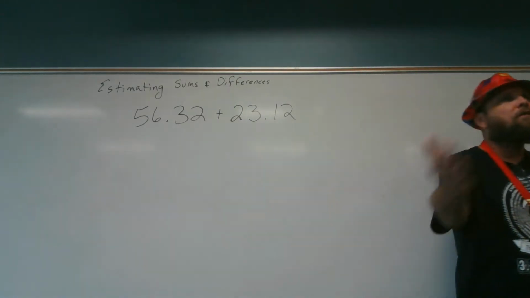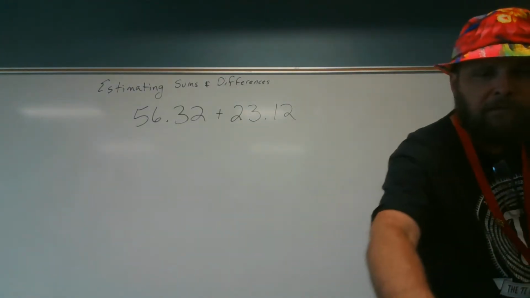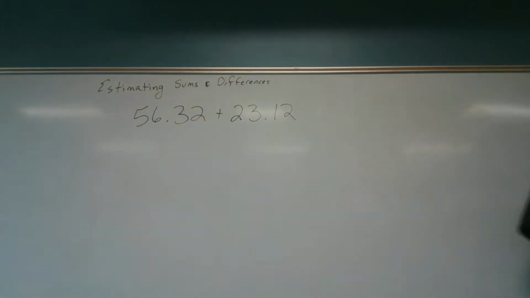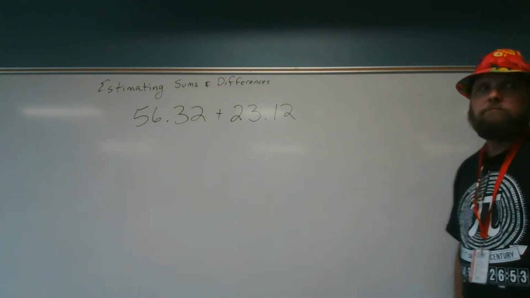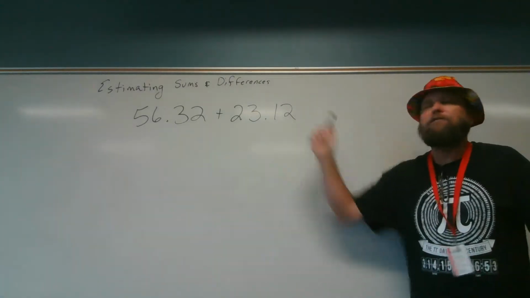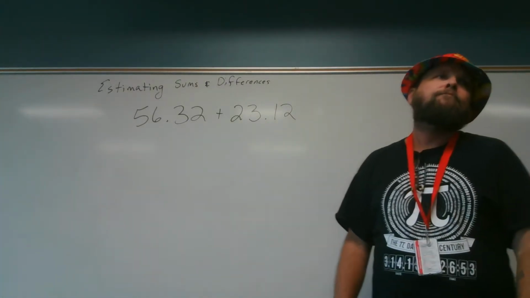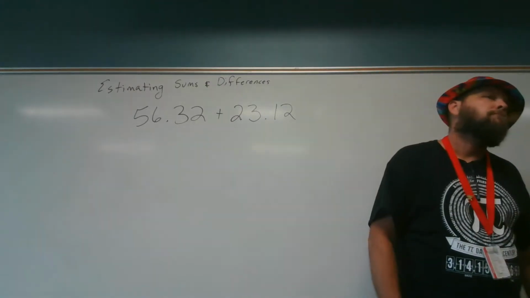Okay, so let's look at this. Let's see, Team Shake. AJ, what should we do with 56 and 32 hundredths? You should round. We're not rounding. What's about 56 and 32 hundredths? Tell me something I could use in my head. It's about 60.